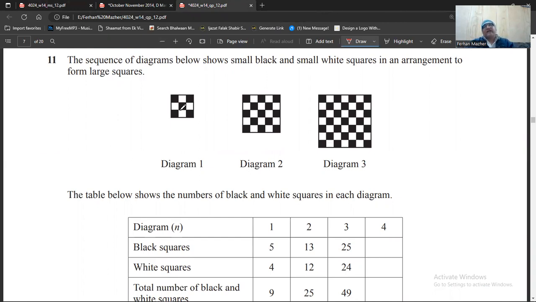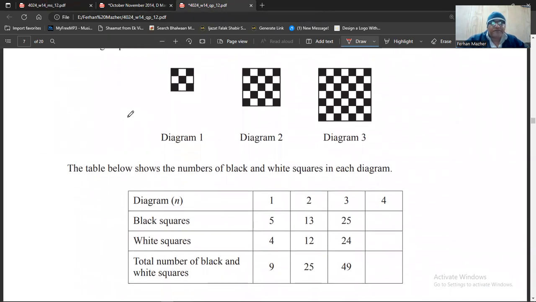Here 3 diagrams are given: diagram number 1, 2, 3, and 4, which we have to guess. The black squares are 5, 13, 25, and in the fourth figure we don't know. The white squares are 4, 12, and 24. The total is 9, 25, 49.